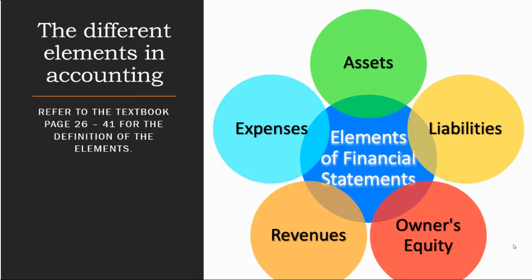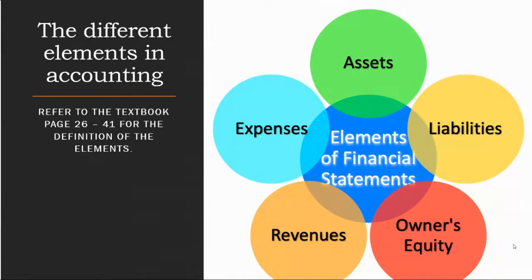So if we start with assets, an asset is a present economic resource. So it's a resource that the business currently controls, and it is as a result of a past event. When we talk about a past event, something happened previously that resulted in you owning that asset.